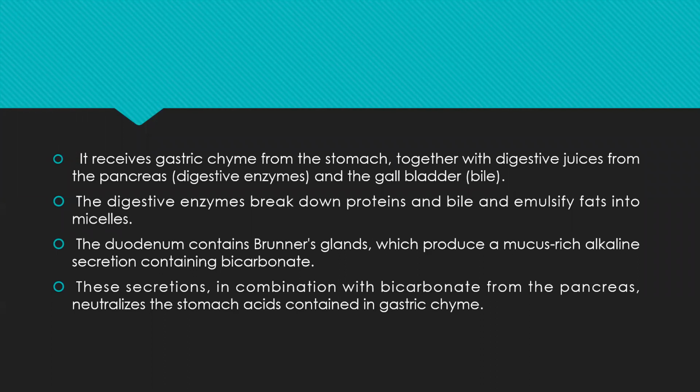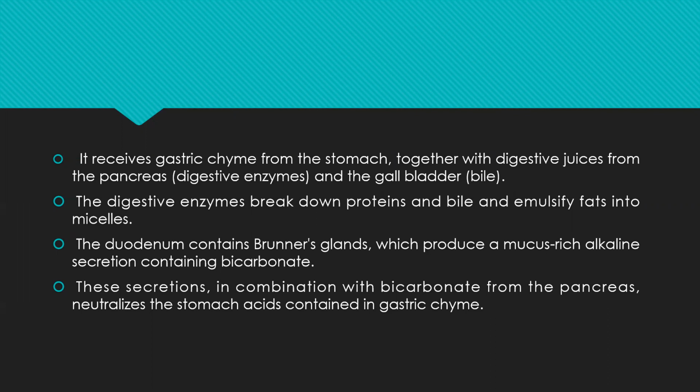Clear? The duodenum contains the Brunner glands, which produce mucus-rich alkaline secretions, mainly containing bicarbonate ions. These secretions, in combination with the bicarbonates from the pancreas, neutralize the stomach acids contained in the gastric chyme.